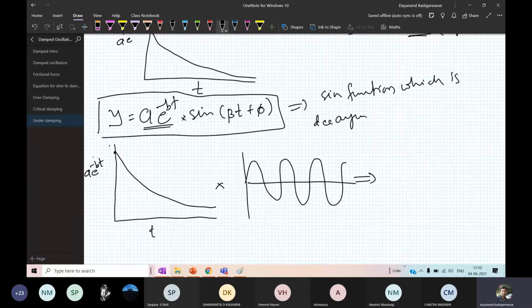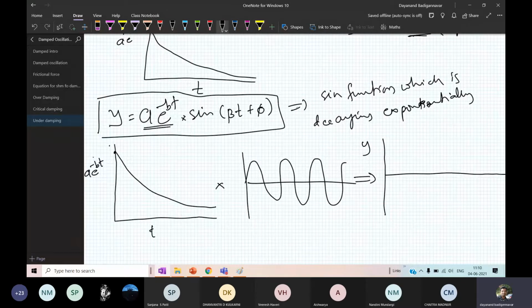So if I plot this graph of y, it looks like this. This is the graph that you get.